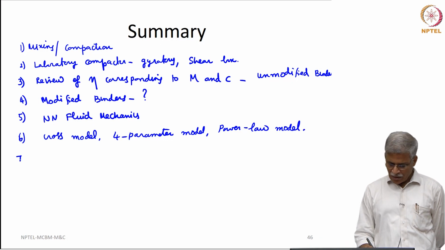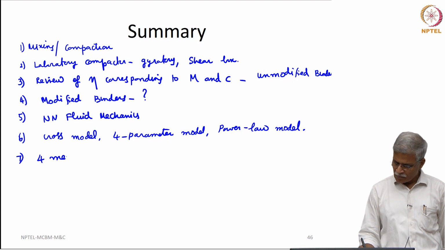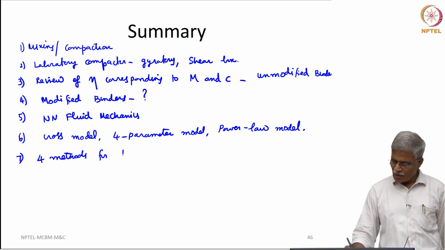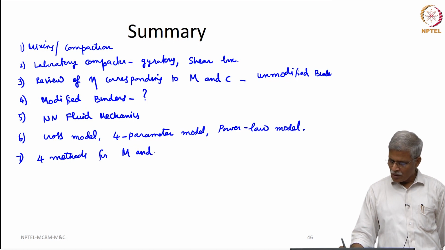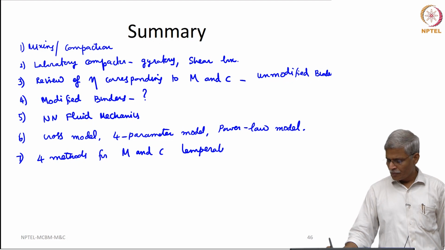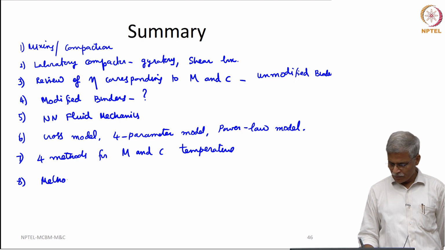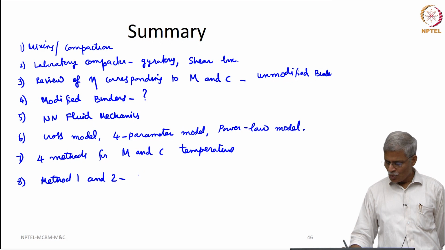Then we listed 4 methods for determining mixing and compaction temperatures. The first two, method 1 and 2, used a rotational viscometer.